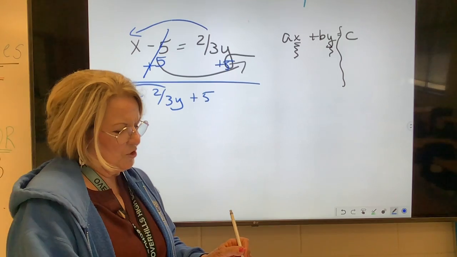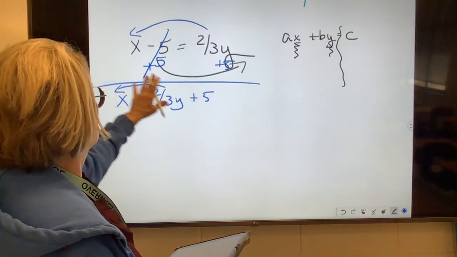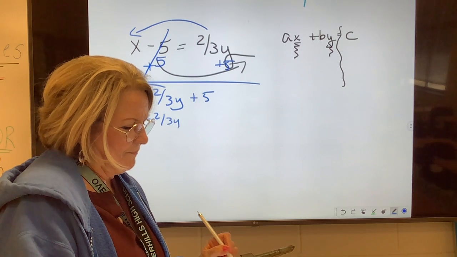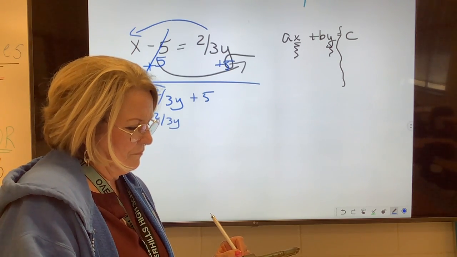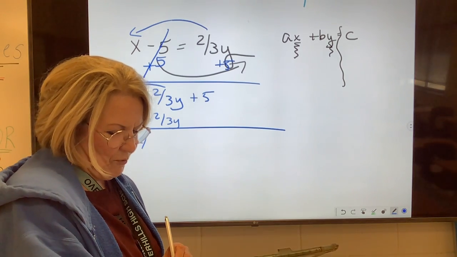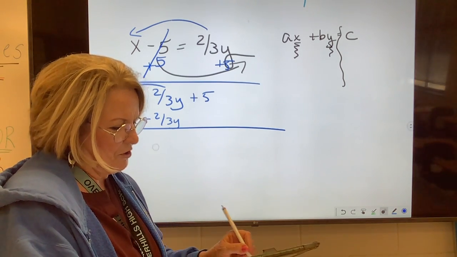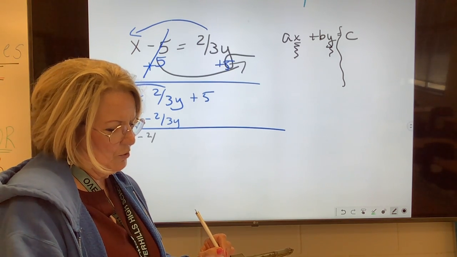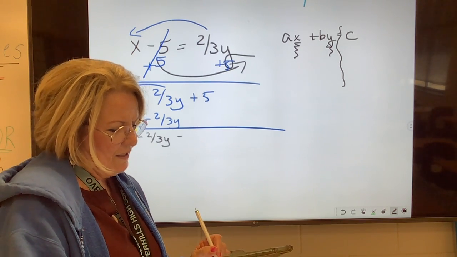But now I got to move the 2/3 y over there because I need my x's and my y's on the left. Take away 2/3 y. Oops, nope, don't want my y's first, want my x's first. So I have x minus 2/3 y equals 5.